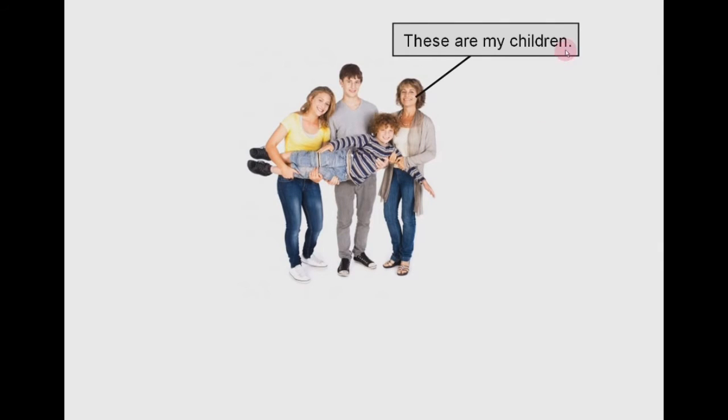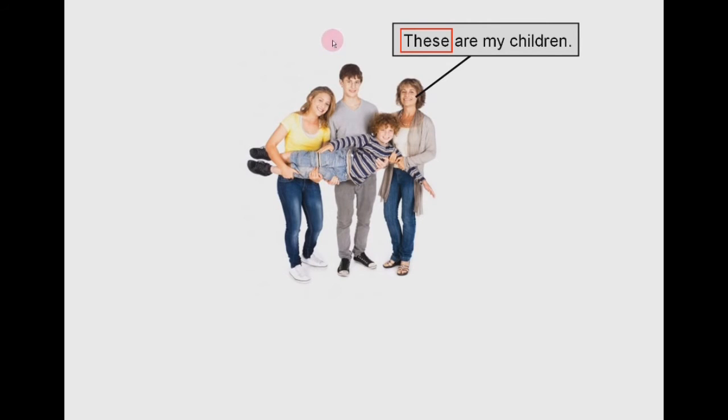These are my children. So here we use the word these, and the expression is these are. So we use the word these to define objects or people in the plural which are close to us, which are near to us.